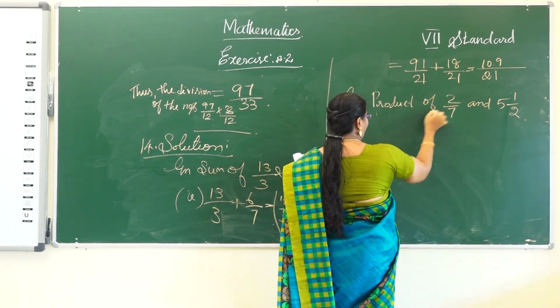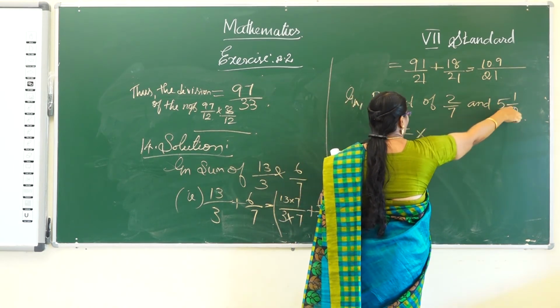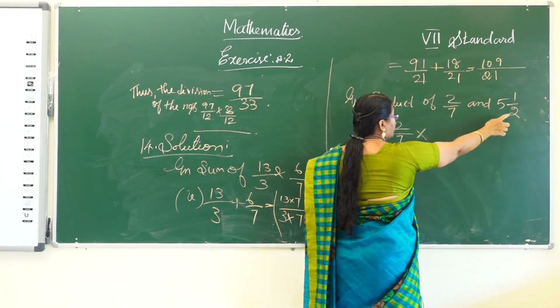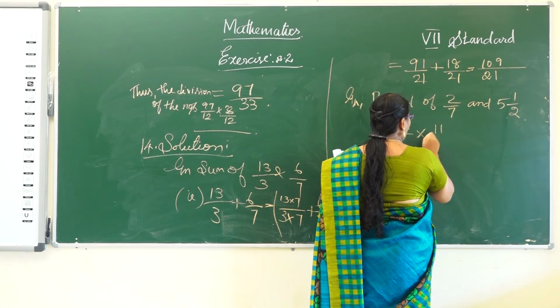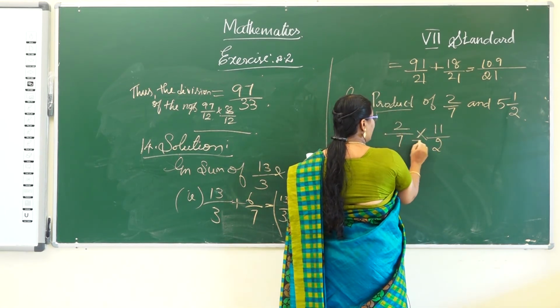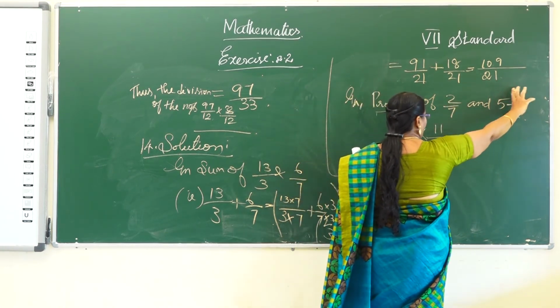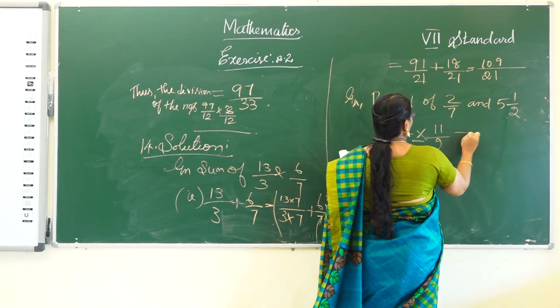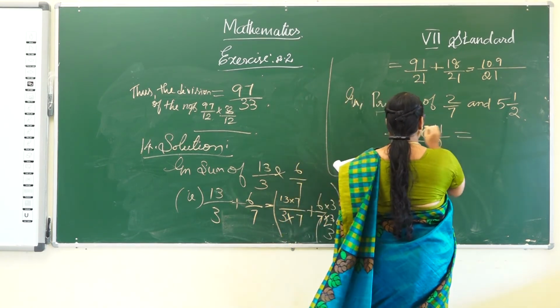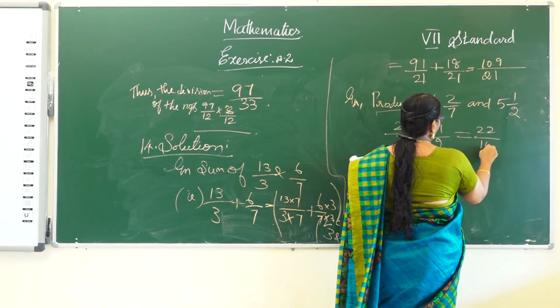So the product of 2 by 7 into the improper fraction: 2 5s are 10 plus 1, 11 by 2. So the product means multiplication of these two numbers. 2 by 7 into 11 by 2. Now multiply 2 into 11, 22 by 7 2s are 14.